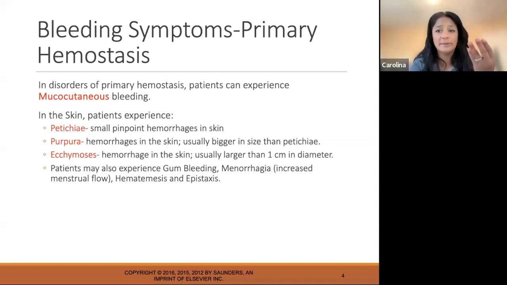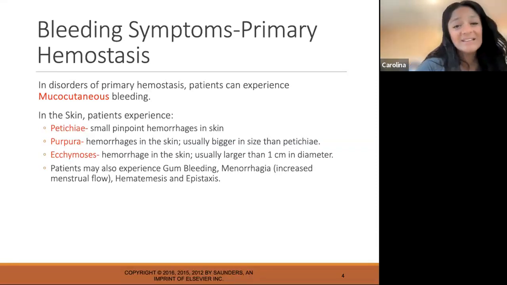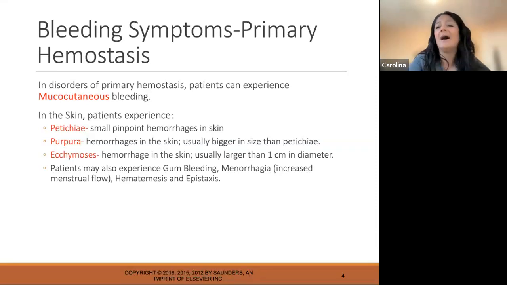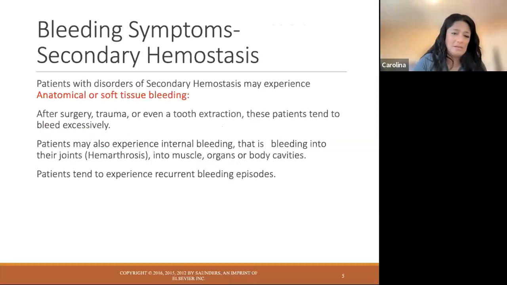Epistaxis is a nosebleed, basically. People can bleed from their nose, and it doesn't necessarily mean that they have a bleeding disorder per se, and it's common in children, right? But it's not normal if it's happening all the time. If it's recurrent, then that's something we need to pay attention to.